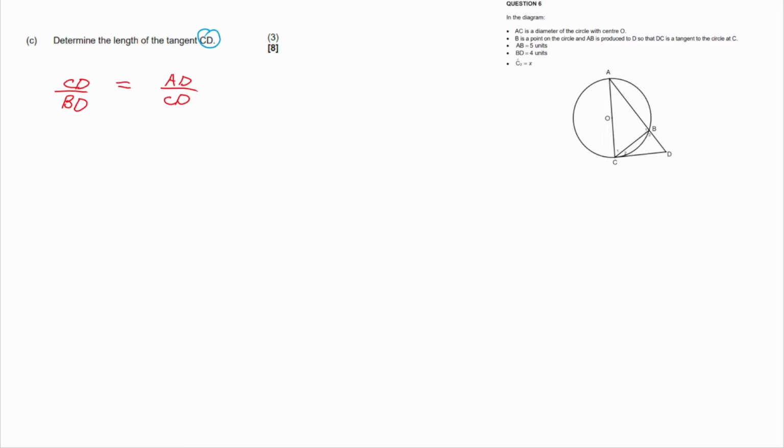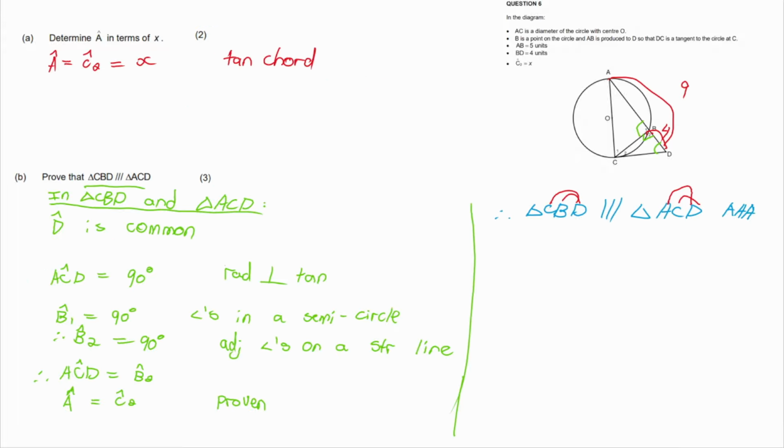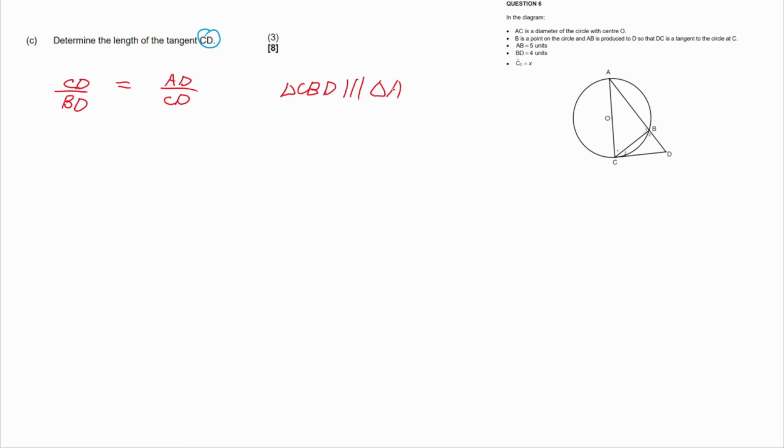So we know this, and the reason for this is that triangle CBD is similar to triangle ACD, so the sides are in proportion. Now we just need to do some algebra.